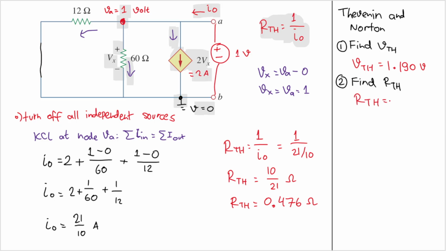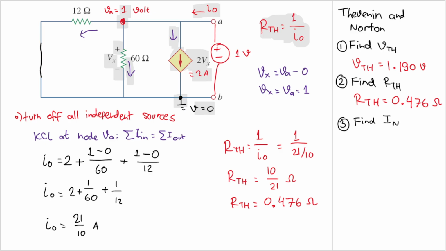R_TH is equal to 0.476 ohm. Good. And I think we have found V_TH and R_TH. The third thing that we need to do is to find I_N, the Norton current.